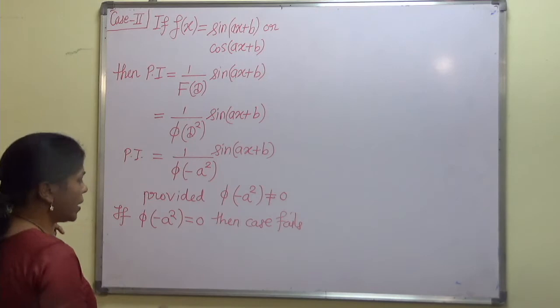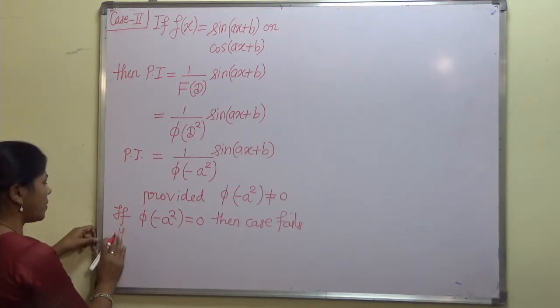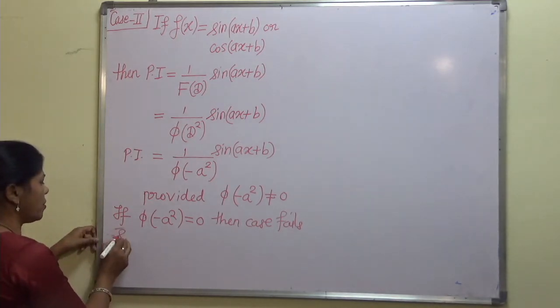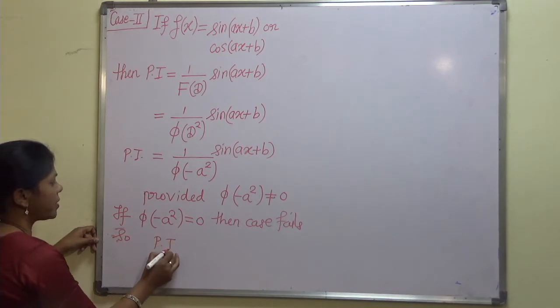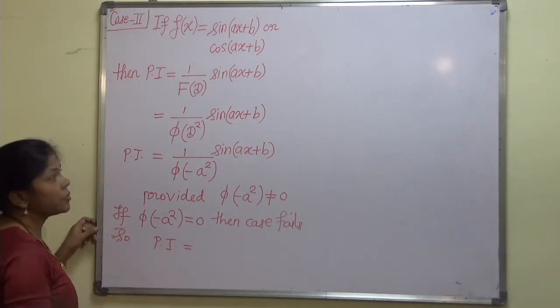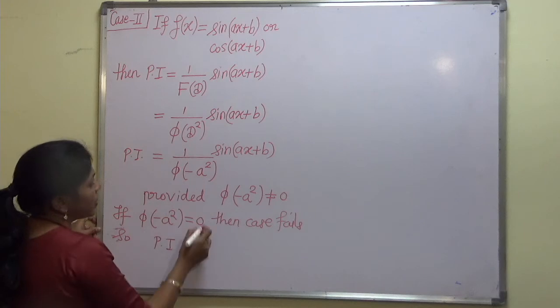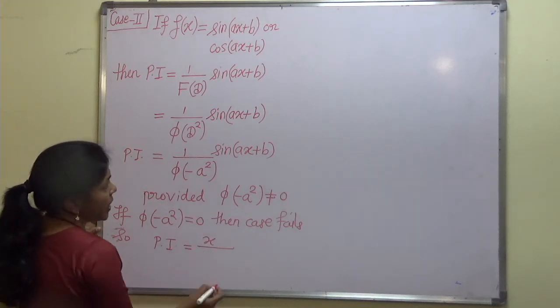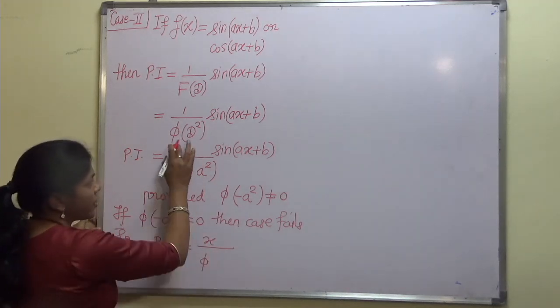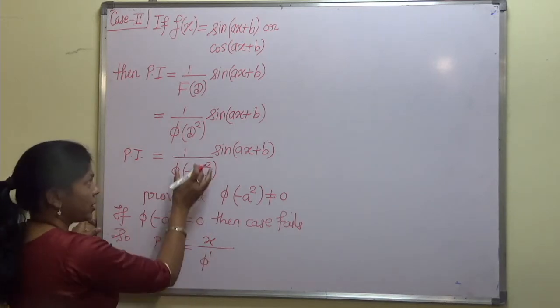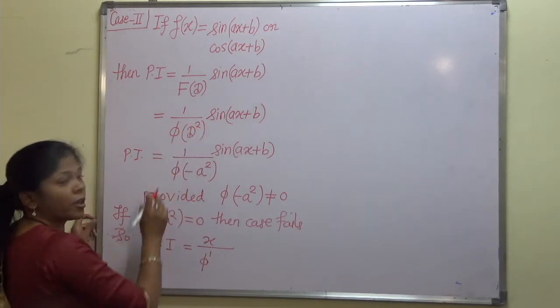So what to do then? Therefore the particular integral is obtained just by multiplying the numerator by x and differentiating the function of D square, the term where we have done the replacement.